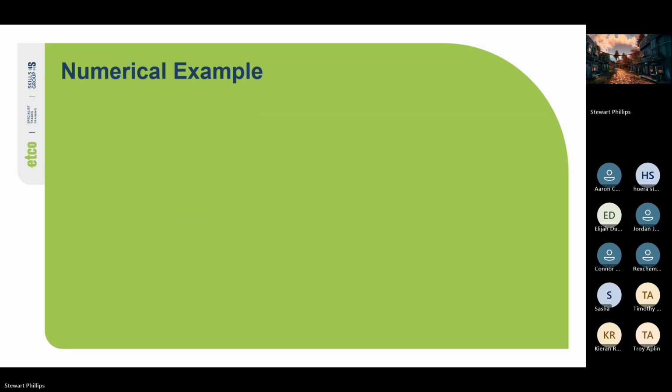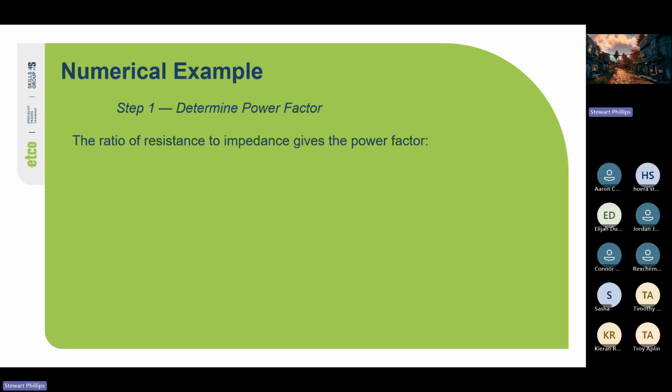So, step one, we need to determine our power factor. So, the ratio of resistance to impedance gives us our power factor.